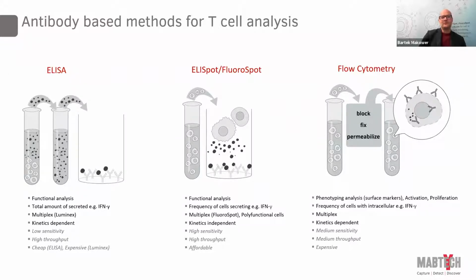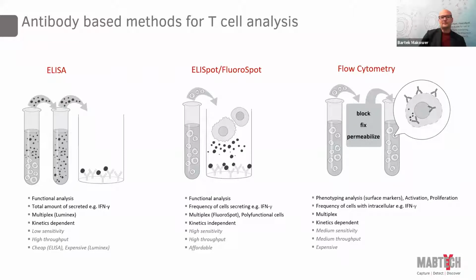So depending on when you take your sample, ELISA is going to give you a snapshot of the total amount of, for example, interferon gamma at that moment. It's low sensitivity for looking at individual T cells. It's high throughput and it's cheap, although the Luminex or other multiplex platforms are quite expensive.